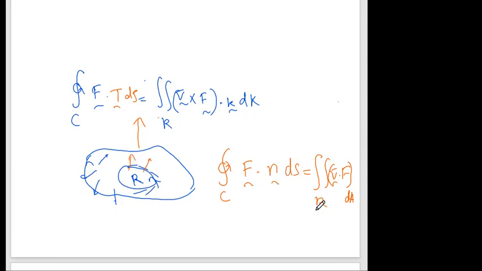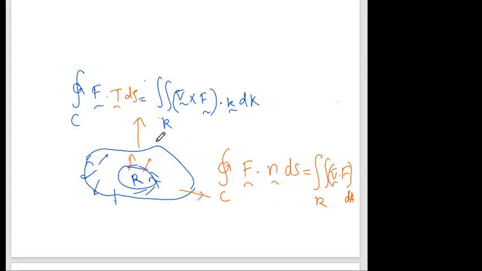So this is the two-dimensional version, right? Green talked about two-dimensional domains. This region is a subset of a two-dimensional space.